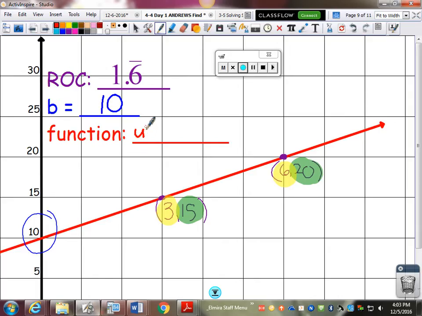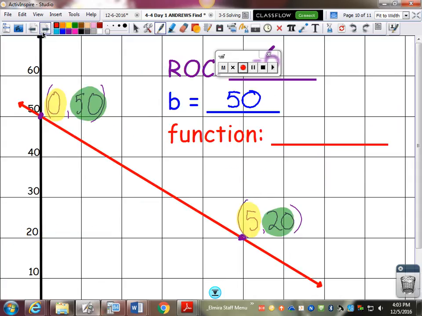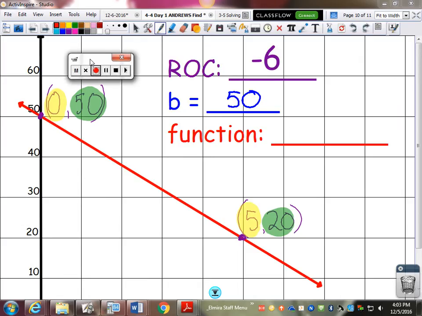Well, let's do f of x this time. f of x equals 1.6 repeating x plus 10. And lastly, y equals negative 6x plus 50.